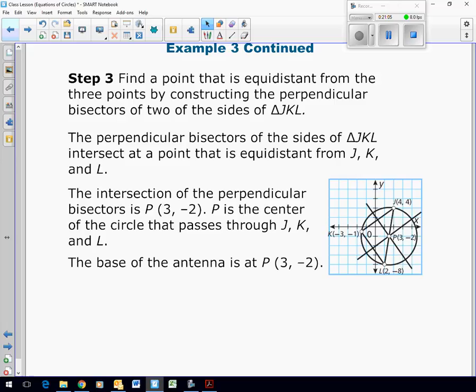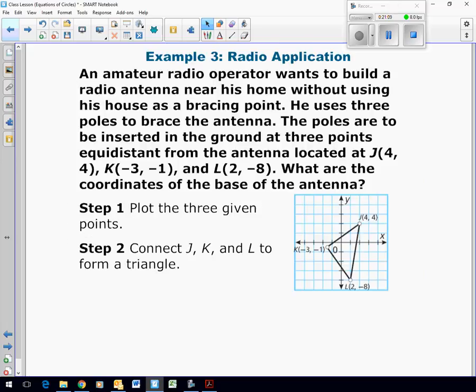If I create a circle and J, K, and L are all on the rim of the circle, and that point is in the center, that means J, K, and L have to be on the rim, correct?